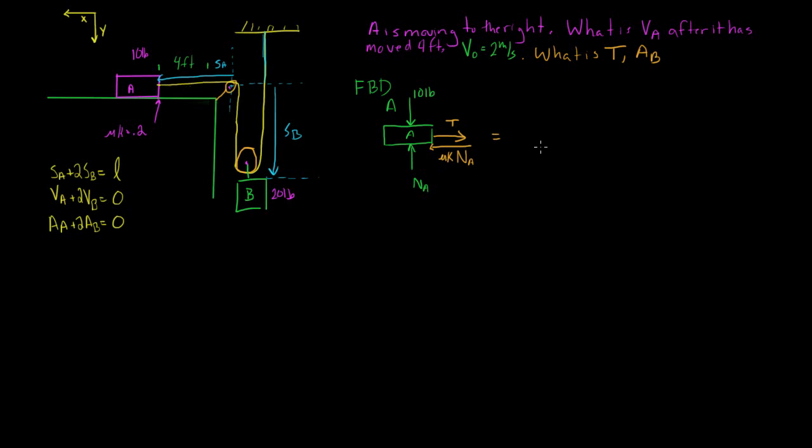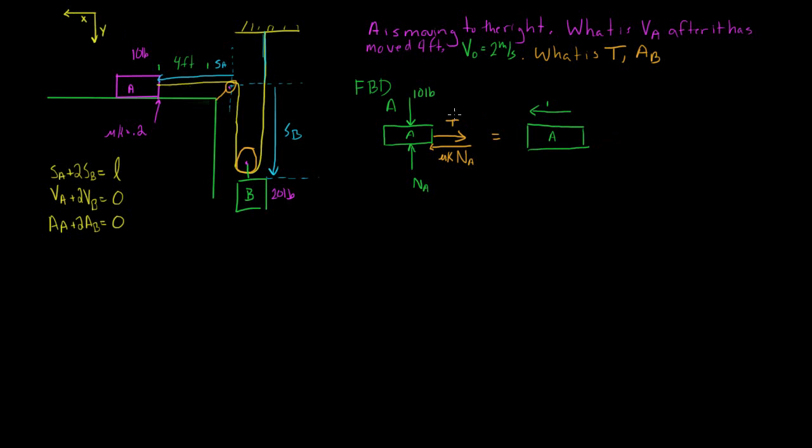Now we have to draw our kinetic diagram. To draw this, we have block A again, and we are going to assume that A has an acceleration in the positive direction, and we've defined the positive direction to the left.